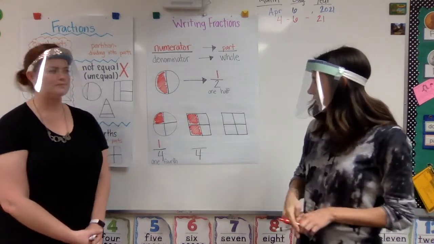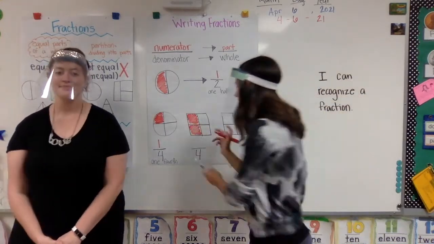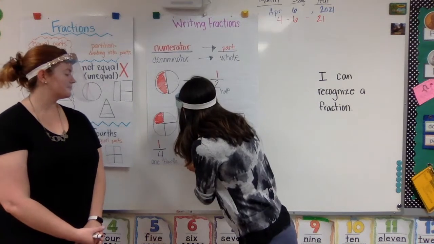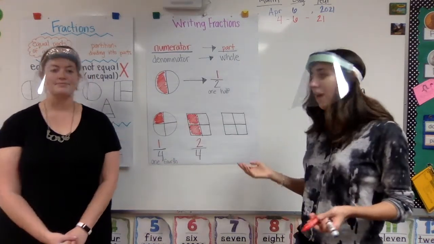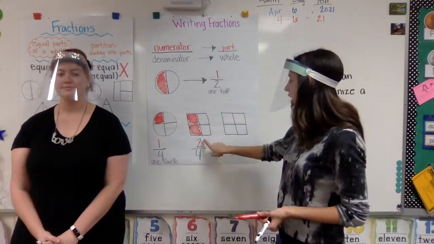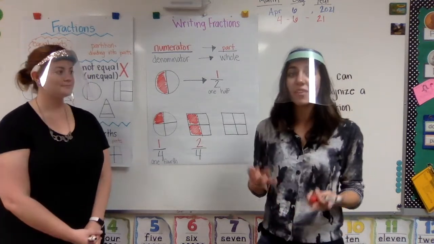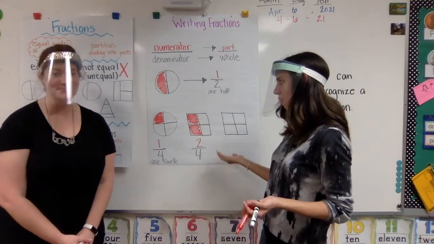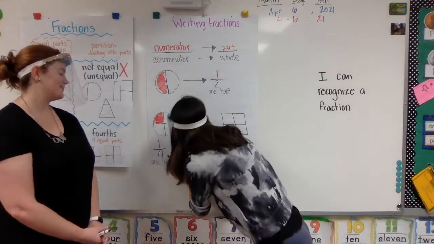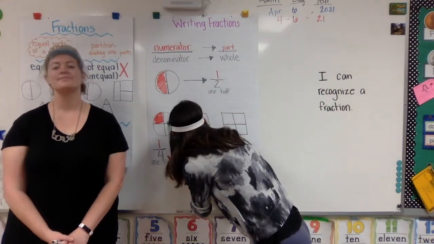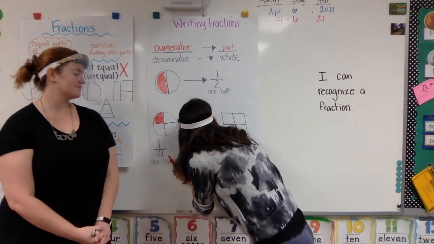And oh, well, I can see that 2 pieces out of my 4 pieces were taken away. And so my fraction is going to be 2/4. Now we have to put fourths because there's more than one that we divided it into. And so my fraction would be 2/4.